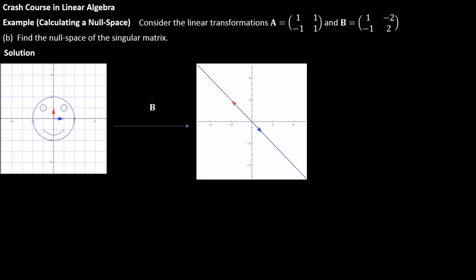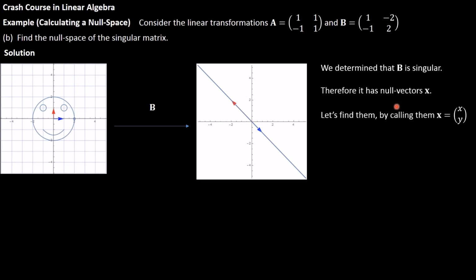Right, so now we're going to find the null space. So recall what that means. If a matrix is singular, it'll have null vectors, vectors that map to the origin, that map to 0. And we want to find them.